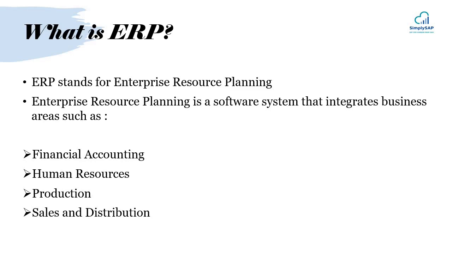It implemented a system that integrated its thousands of applications, standardized processes, and restructured warehouse management systems, breaking down silos for seamless integrated coordination of the work. So this was all about ERP. I hope you have understood it.